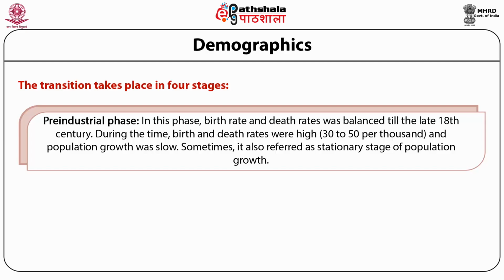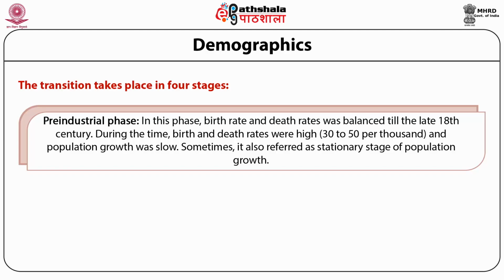The birth and death rates are high, around 30 to 50 per thousand, and population growth is slow. Sometimes it is also known as the stationary stage of population growth.